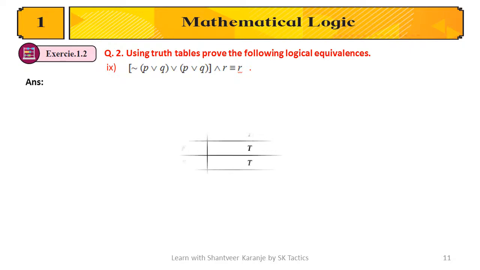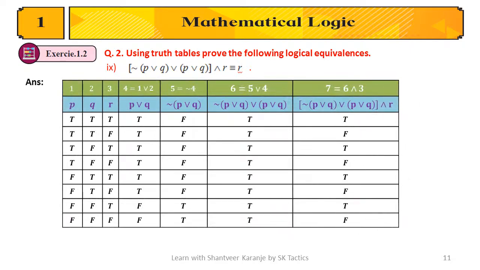The answer is with 7 columns: P, Q, R, then P or Q, then negation of P or Q, then the complete square bracket, negation of P or Q or P or Q, and then the last, the complete LHS, 6th and 3rd column.